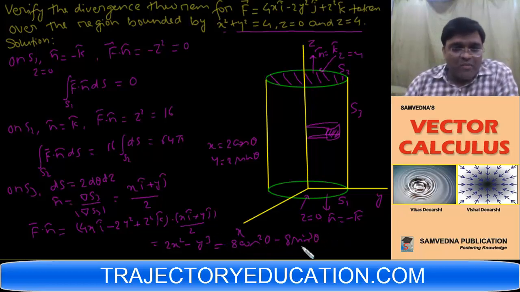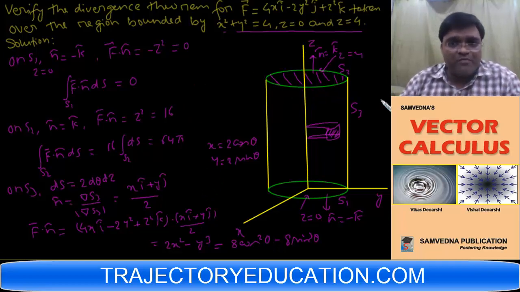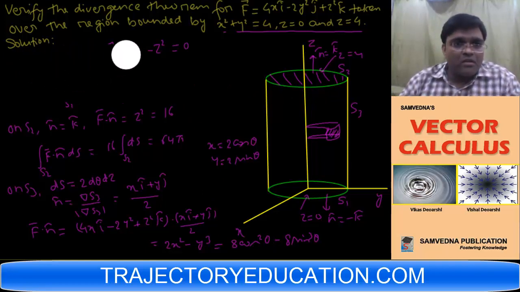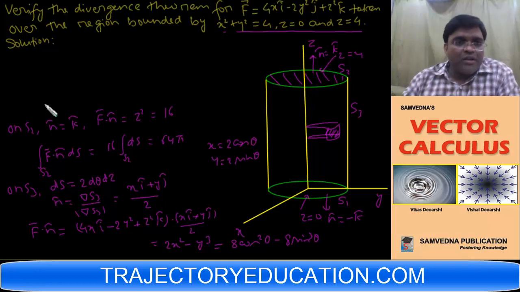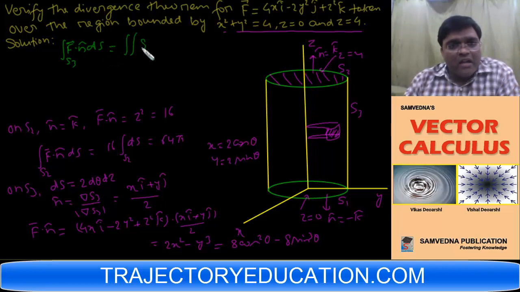So on S3, the integral of f dot n ds is given by 8 cos square theta minus 8 sin cube theta, and ds over here is 2 dz d theta.